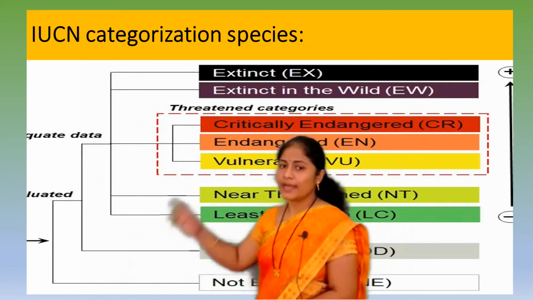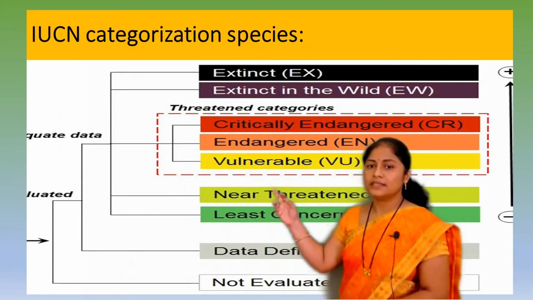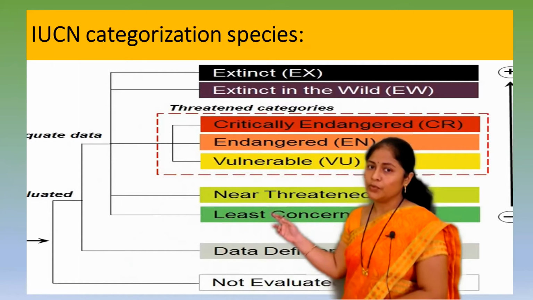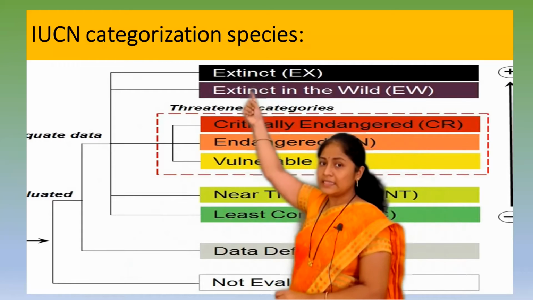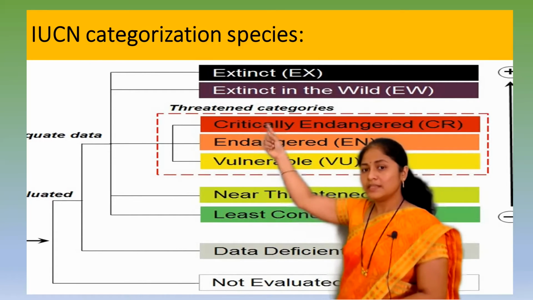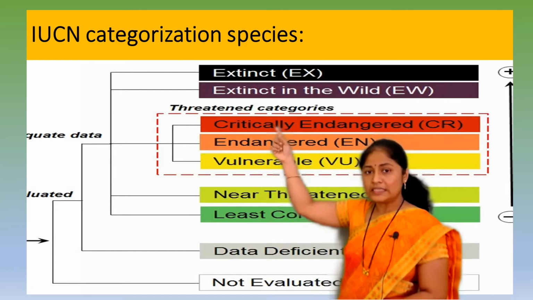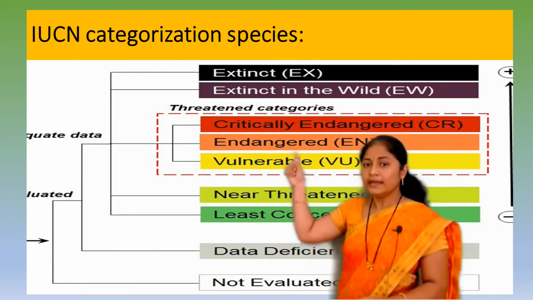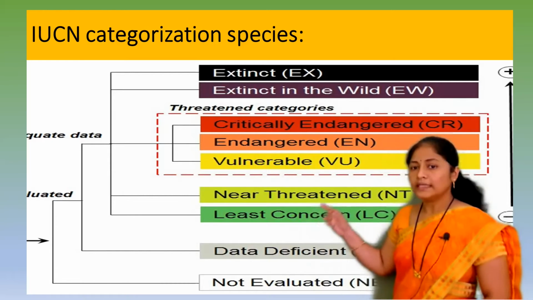On the basis of threat, the IUCN categorizes the species into different groups. These groups are extinct in the wild, and again on the basis of threat, they are classified into other groups. The first ones are critically endangered, endangered and vulnerable. Now, which are not endangered?